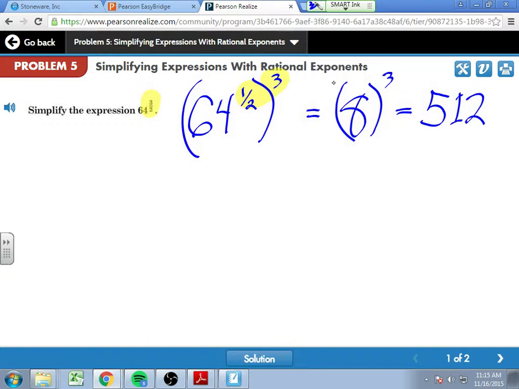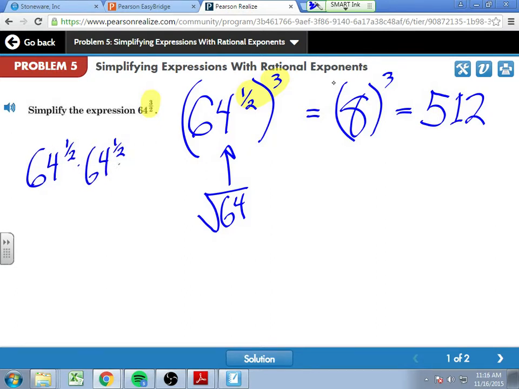Because 64 to the 1/2 power is really radical 64. And when you think about the initial power being 3 halves, you can think of it as 64 to the 1/2 times 64 to the 1/2 times 64 to the 1/2. Which is why we have 64 to the 1/2 cubed, because there's really 3 of them.